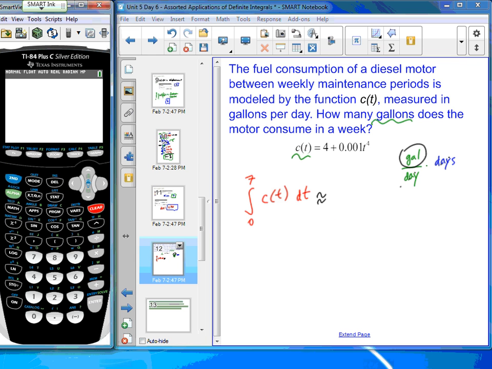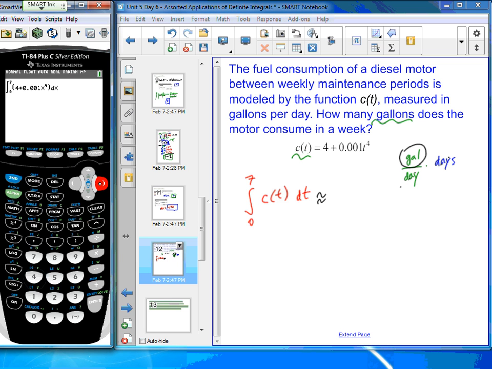So I'm going to go ahead and do math 9. C of t was, oh, sorry, I'm used to my classic. C of t is 4 plus 0.001 t to the 4th. Close integrand.